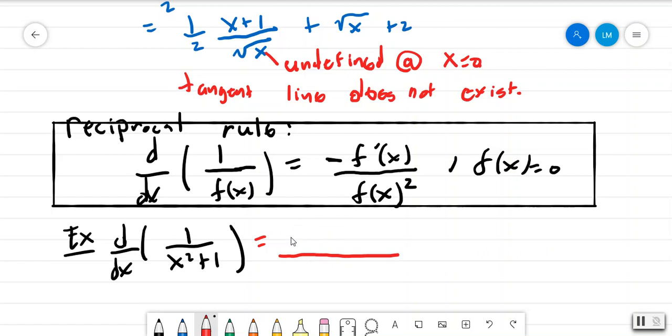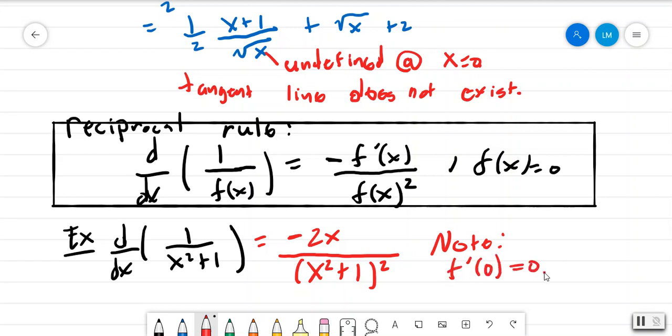So I have negative 2x divided by x squared plus 1, and then we just square that. Now note that there's a horizontal tangent when x is equal to 0. So we have f prime of 0 is equal to 0, which is basically just a horizontal tangent.